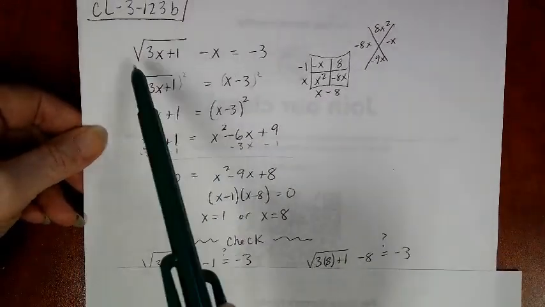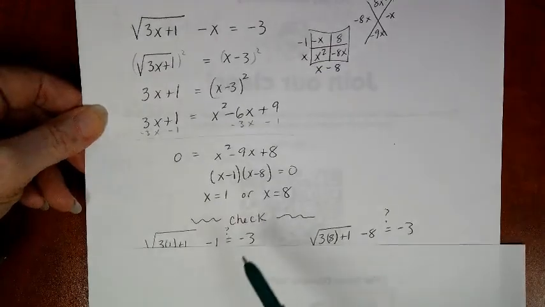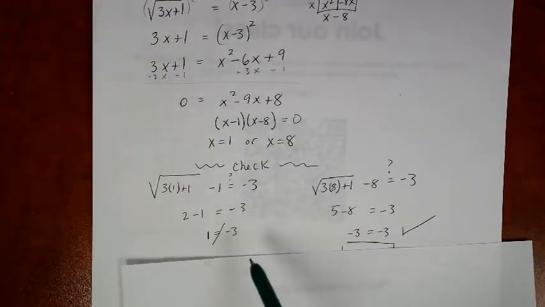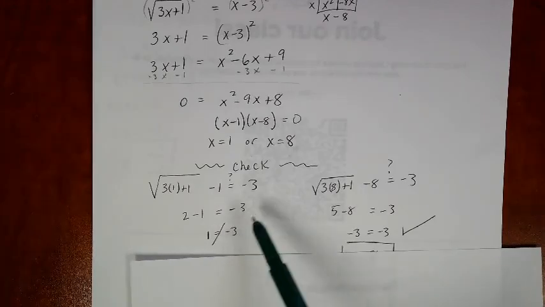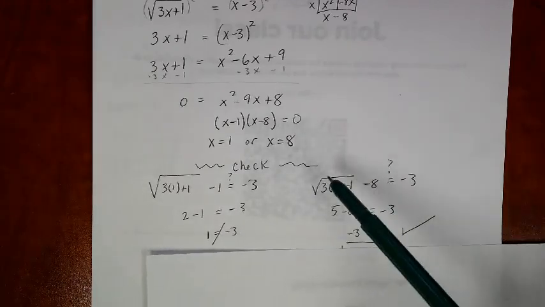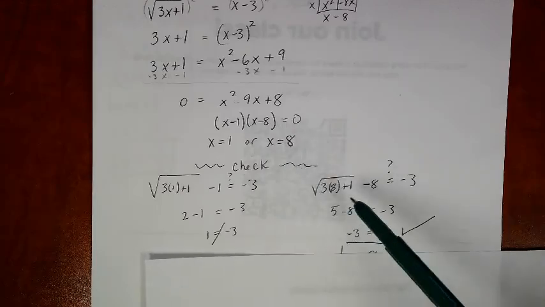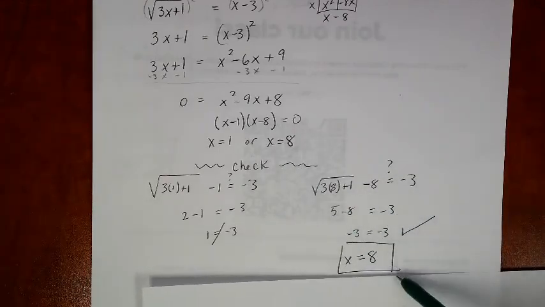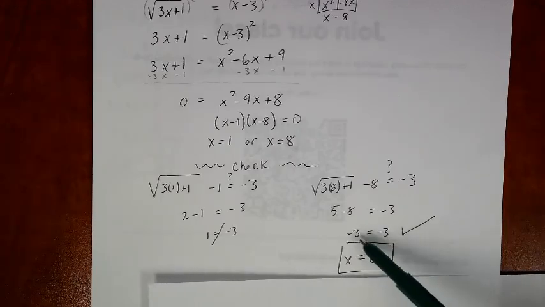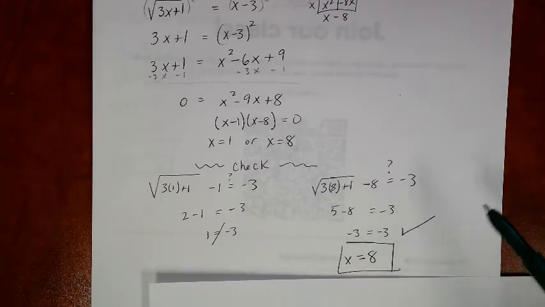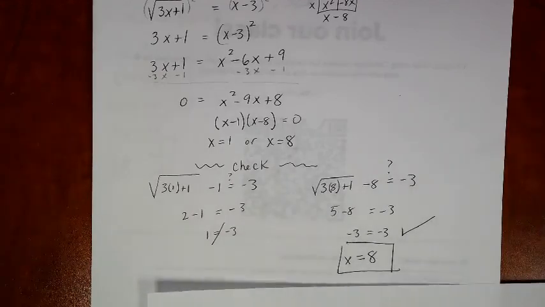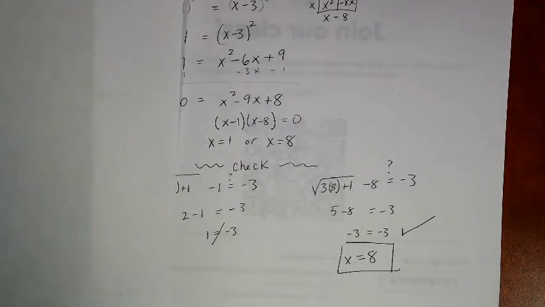I recopied it down here with the 1 plugged in, and I got 1 equals -3. That's not true, so that's extraneous. When I plugged in the 8 into the original equation, I worked it all out, and I got -3 equals -3. That is true. So the only solution is x equals 8. The other solution that we got is extraneous.